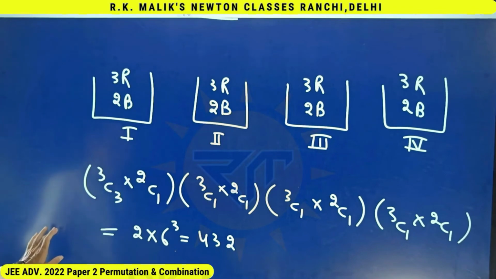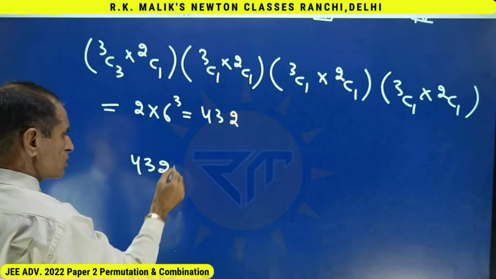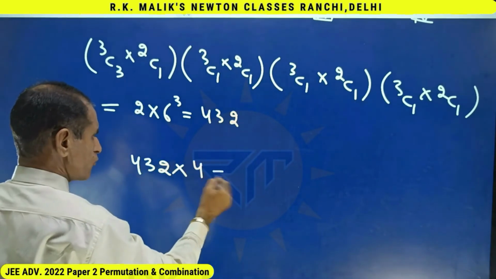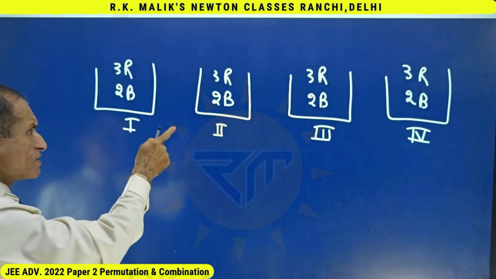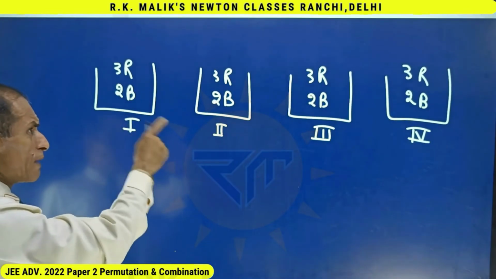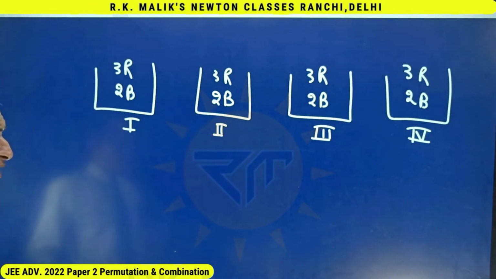Therefore, total number of ways in this case will become 432 into 4.